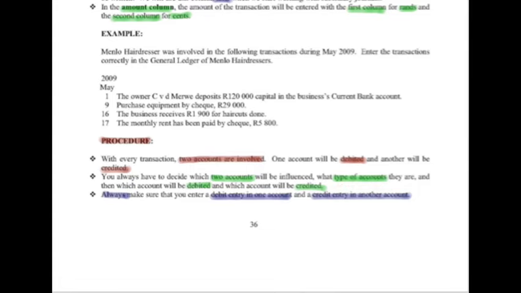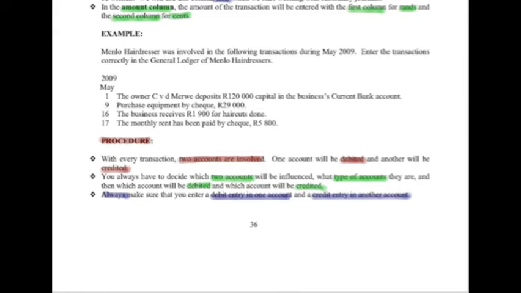Third, are these accounts increasing or decreasing? And then fourth, which account is debited and which one is credited? Always make sure that you enter a debit entry in one account and a credit entry in another account.